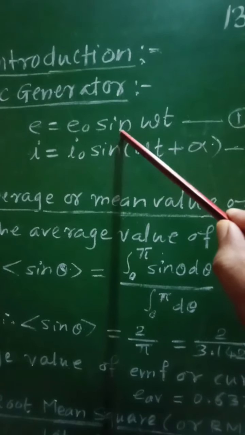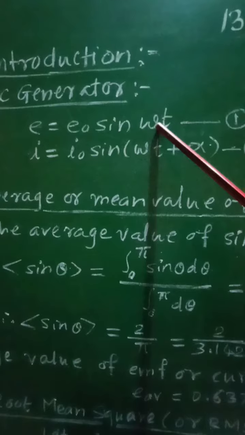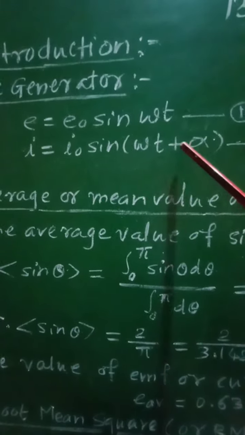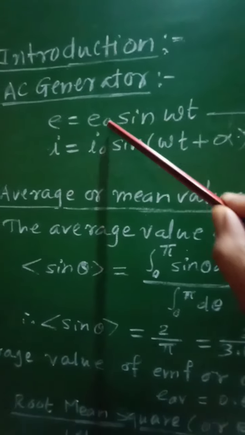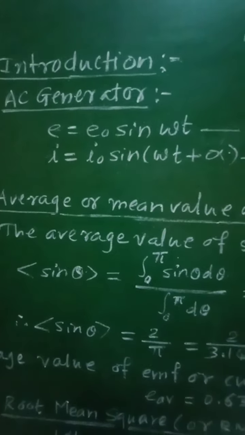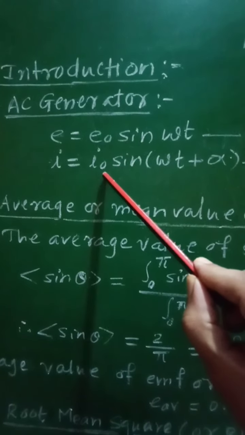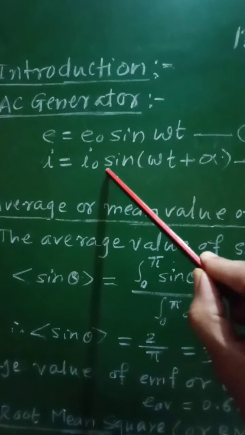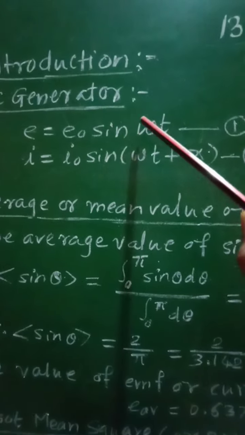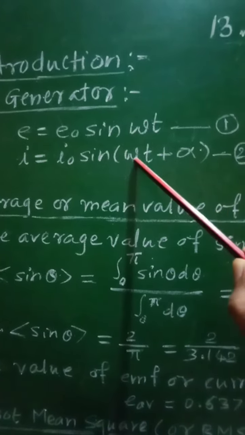So EMF is given as E equal to E0 sin omega t. Current is given as I equal to I0 sin (omega t plus alpha). Both are the AC EMF and the current. In this case, I0 will represent the peak value of current, and this alpha will represent the phase difference between the EMF and the current.